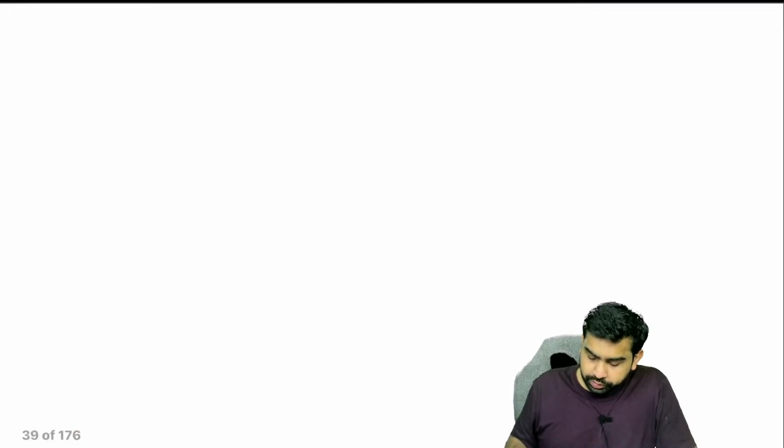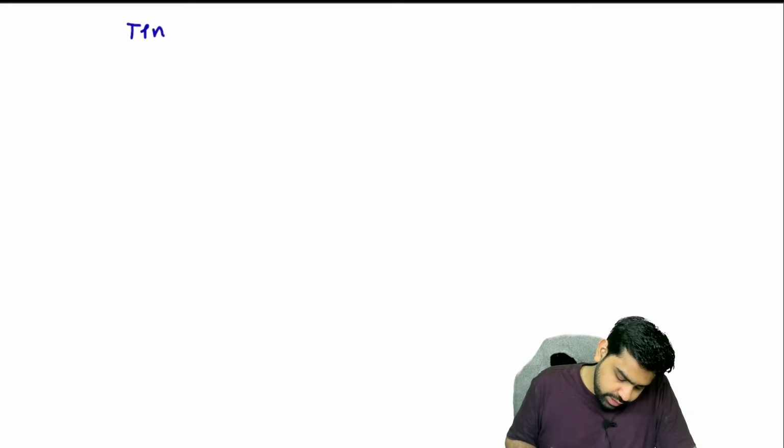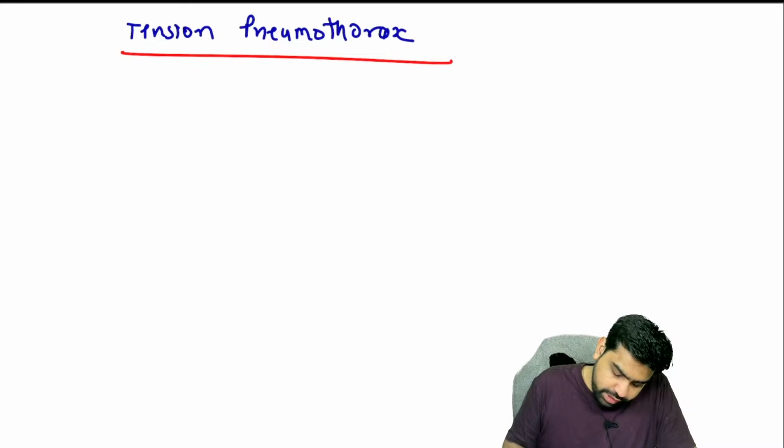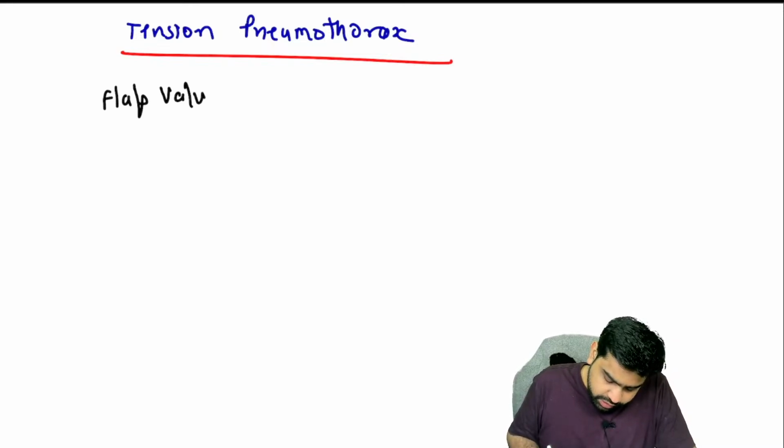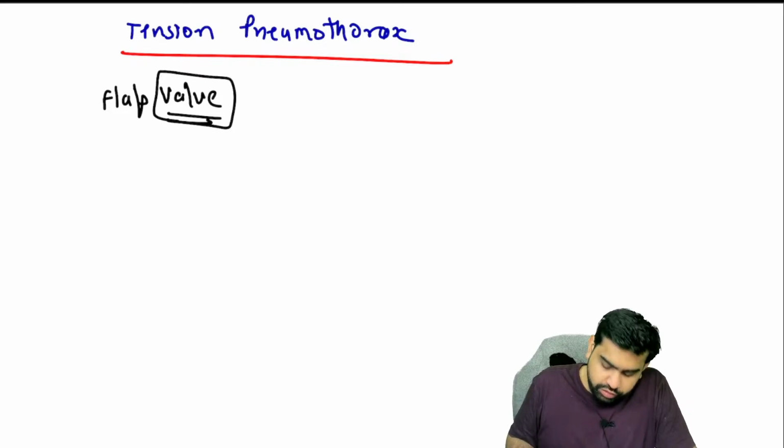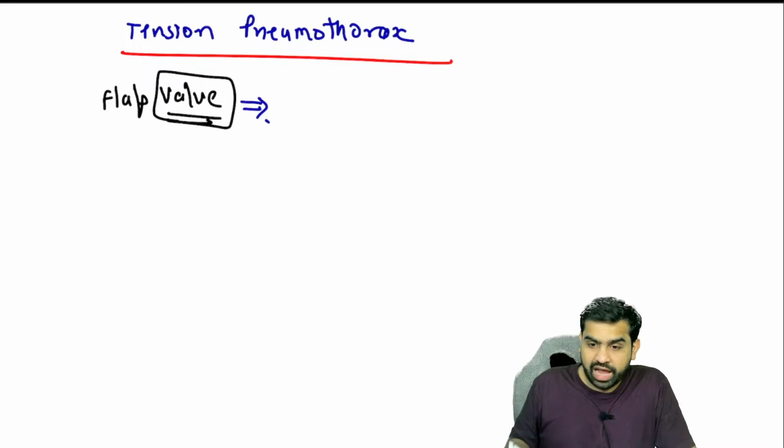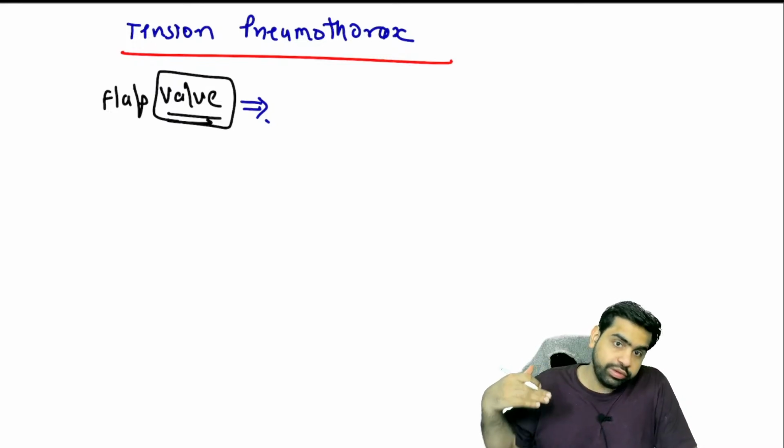Now let's talk about the tension pneumothorax. What do you understand by the tension pneumothorax? In the tension pneumothorax, there is a formation of a flap valve. What does this particular valve do? The valve allows the flow of air only in one direction.